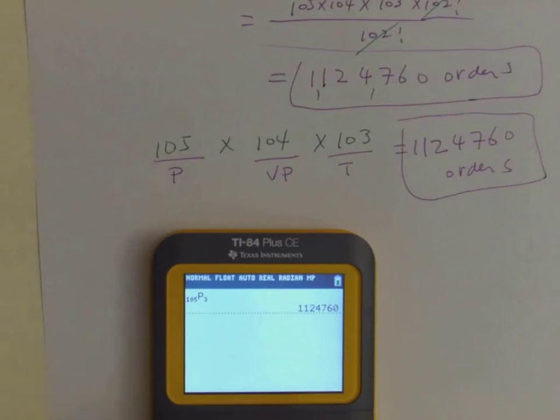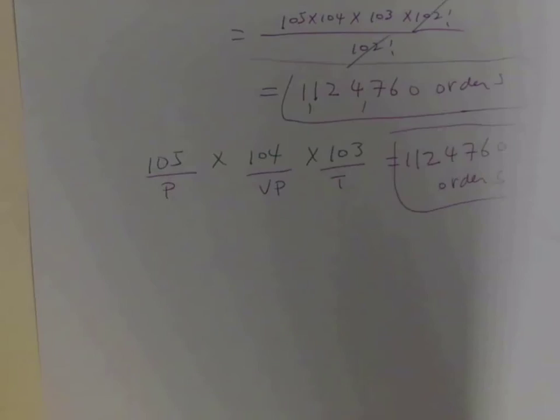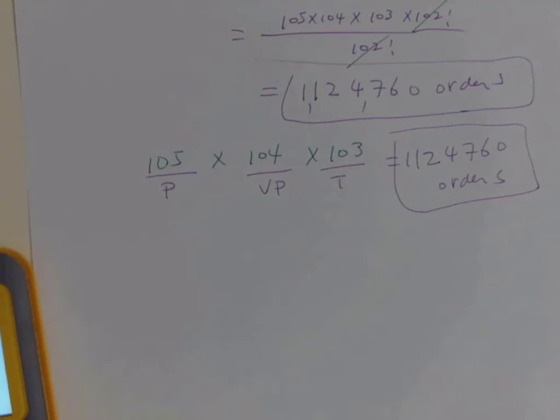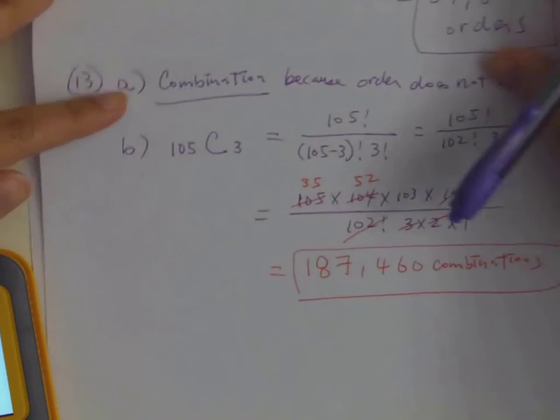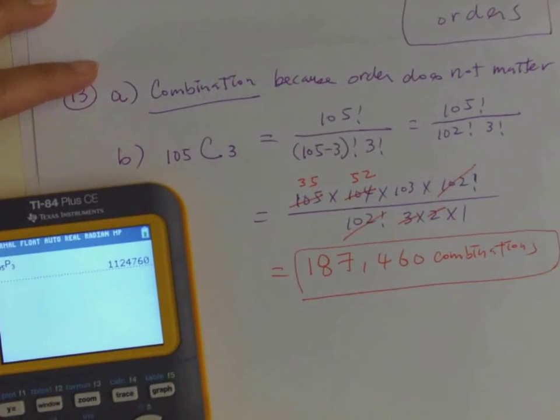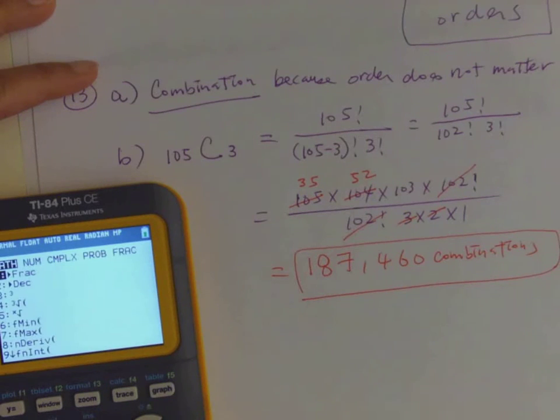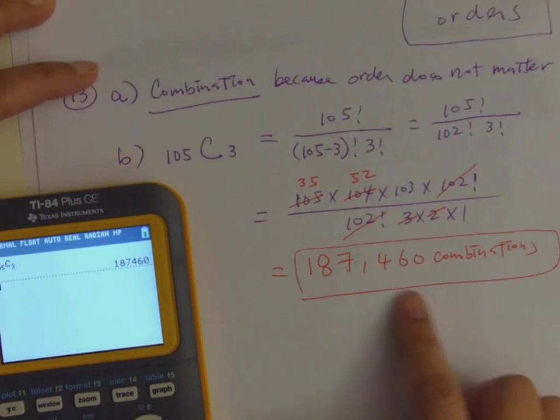And earlier we did number 13. Number 13 was a combination. So when we did the combinations, if I check it with my calculator, again I did math, probability, number 3 is combination, so 105 and then a 3 here. So earlier we got this number, looks correct.